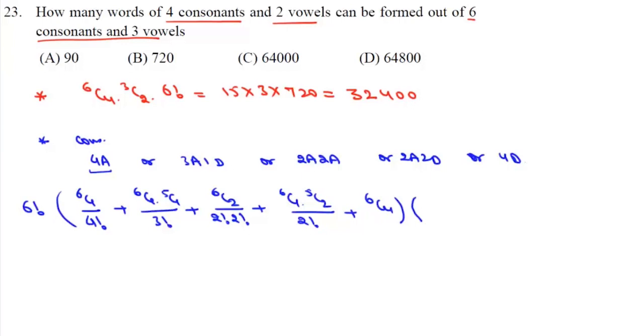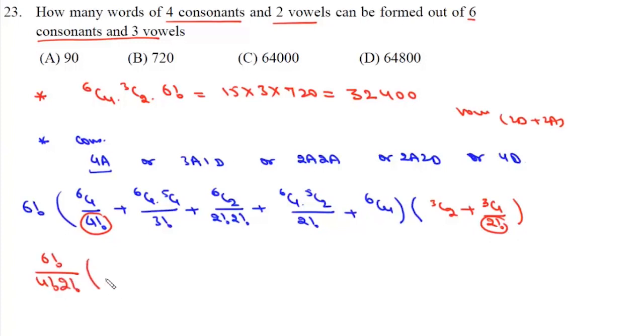Now for vowels we have only 2 choices, either both are distinct or both are alike. If both are distinct, then it will be 3C2, and if both are alike, it will be 3C1 divided by factorial 2. Now we'll take factorial 4 common from this first bracket and factorial 2 common from this second bracket. We'll get factorial 6 divided by factorial 4 factorial 2. Now 6C1 is 6.